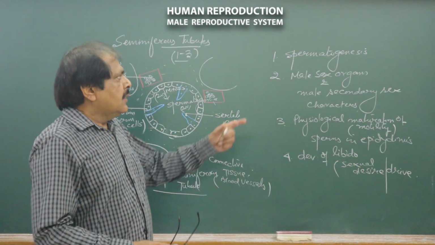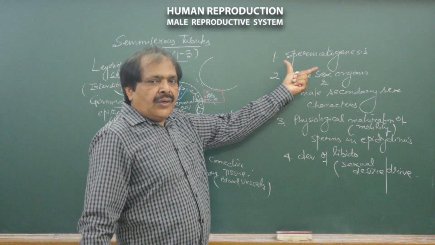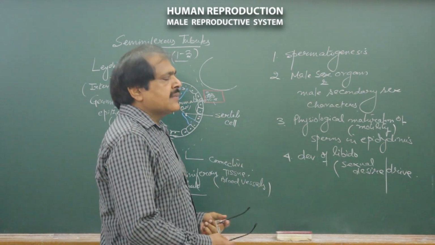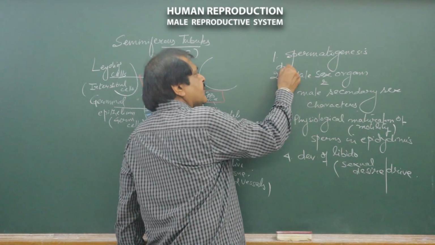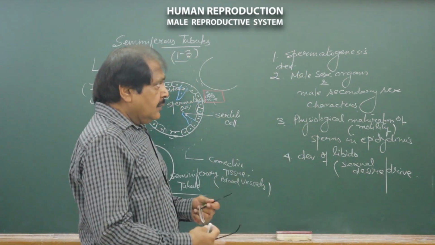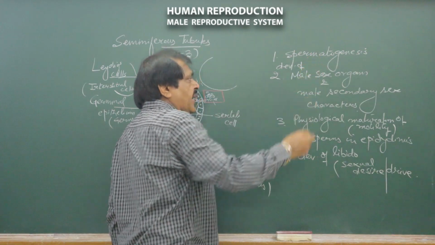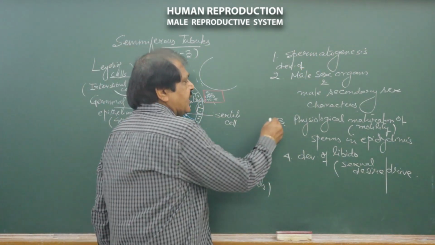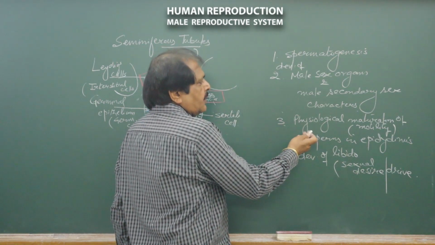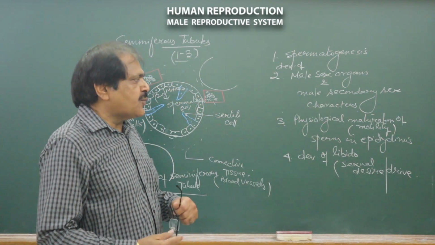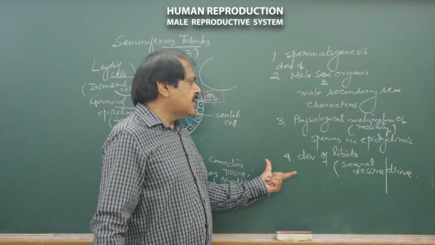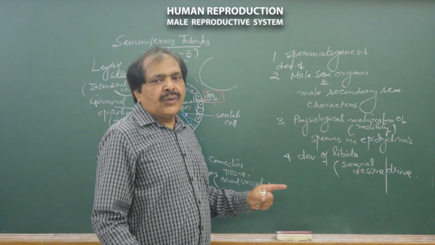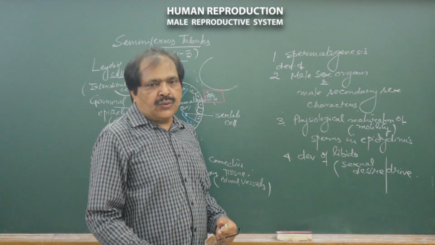Again, testosterone or the male androgen is responsible for spermatogenesis, then development of male sex organs and male secondary sex characters. Number 3, physiological maturation of the sperms in the epididymis. And fourth is the development of libido, that is sexual desire or sexual drive.